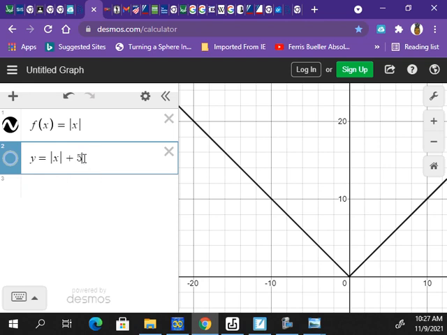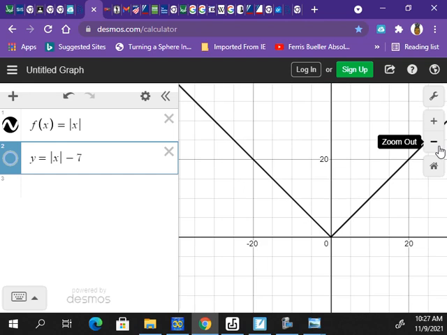Let's change this number. And I want you to write this down in your notes still. Let's change this number to -7. Let's see what happens when we do -7.